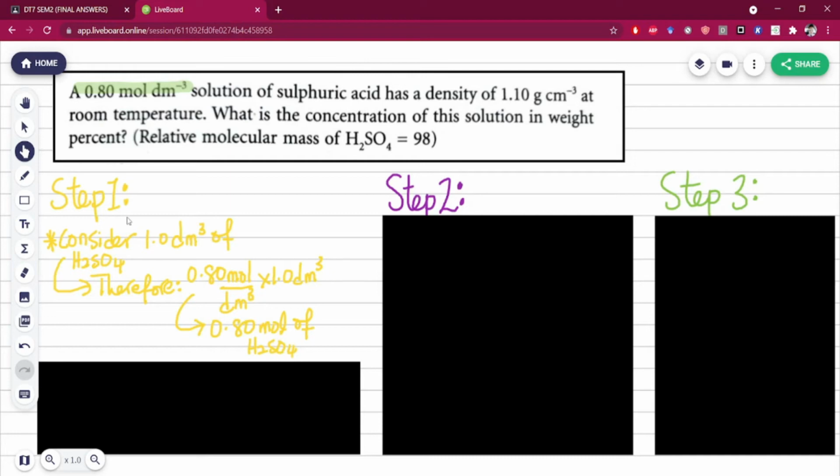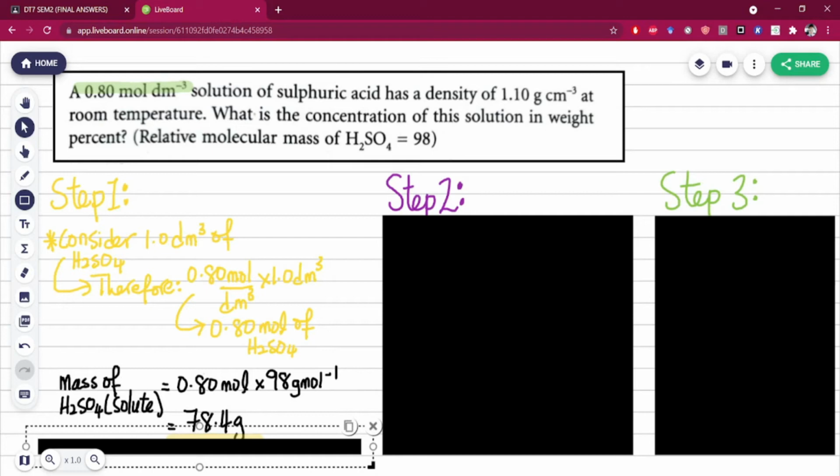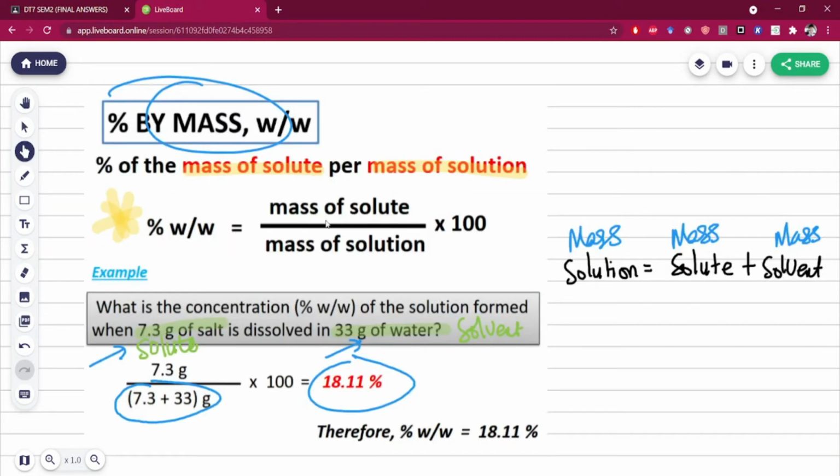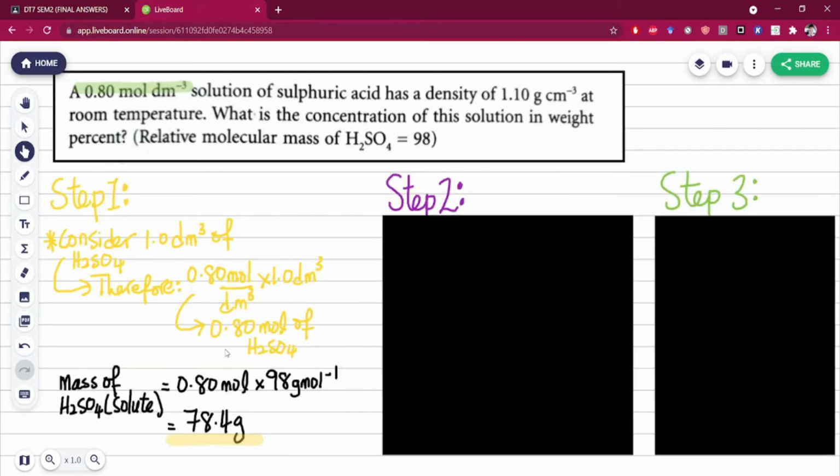And then from there, we would be able to find the mass of your solute. Remember just now, when we talk about percentage by mass, we need to have the mass of your solute over the mass of your solution. That's why step 1 is necessary, because we need to find out the mass of your solute, which is H2SO4.